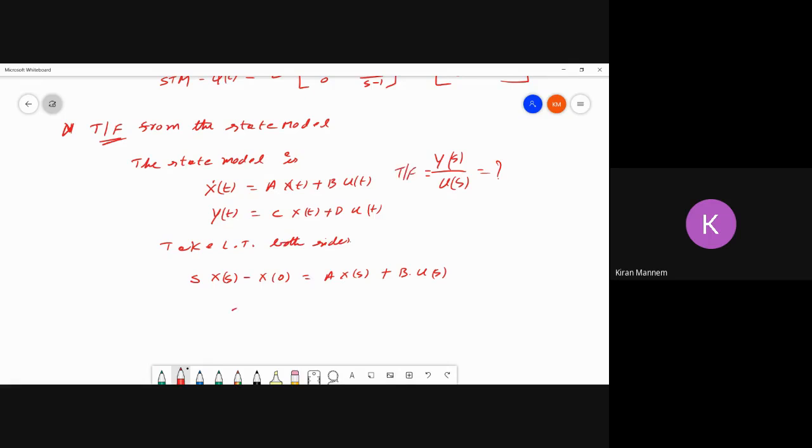By rewriting this, you'll get (sI minus A) into x of s, which is equal to x of 0 plus B into u of s, right? So I can simply write it as x of s is equal to (sI minus A) inverse into x of 0 plus (sI minus A) inverse B into u of s. This is, let us say, equation number 1.